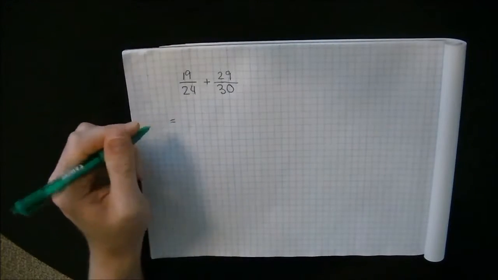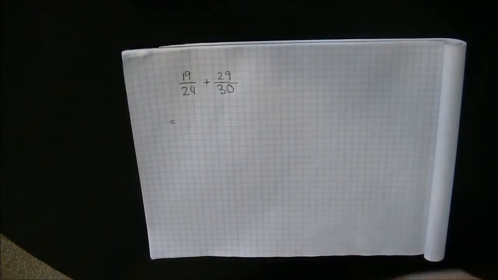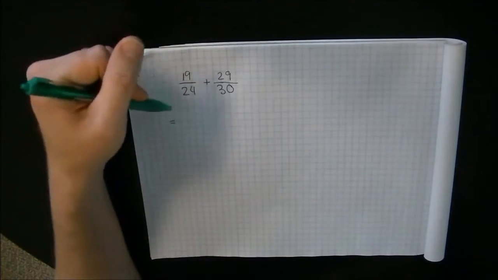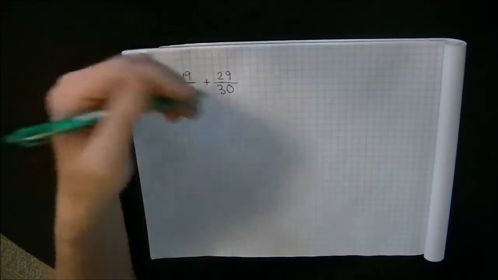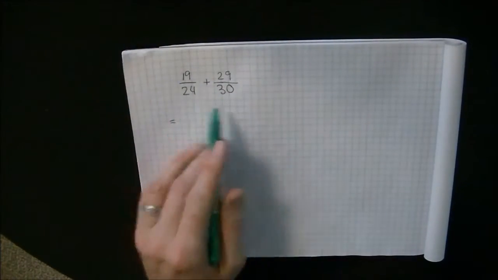But if I were to just multiply 24 times 30, I'd get a pretty big number, and it might be kind of annoying to use. So instead, what I want to try and figure out is, hey, what's a small number that 24 and 30 both go into? So in order to do this, let's first look at what are the prime factors of both 24 and 30.